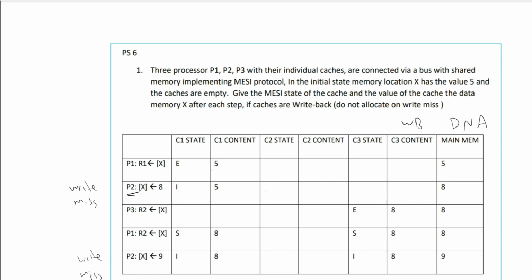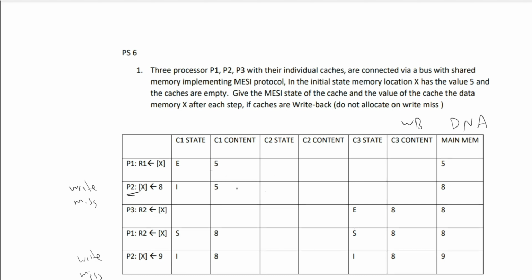I think it only really matters if, let's say you have a read miss. For example, in this one right here, the first line of code and then the next line of code, if instead of processor 2 it was processor 1, then we don't update the main memory yet.